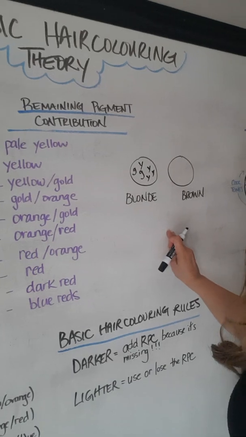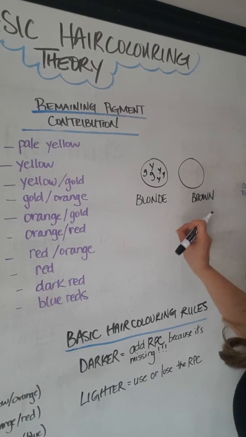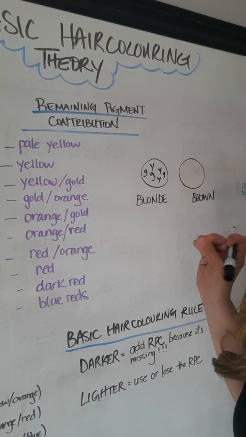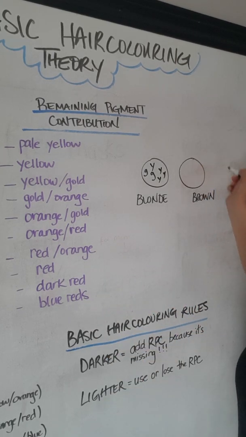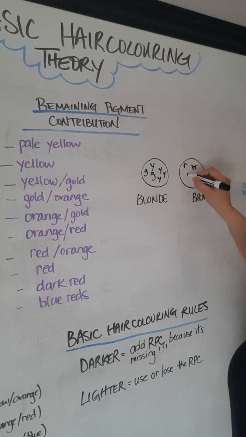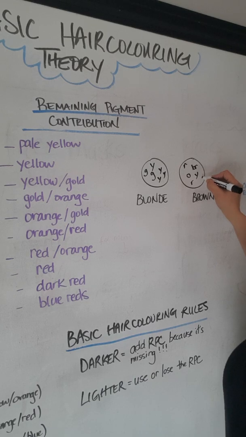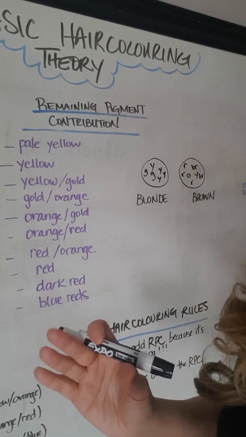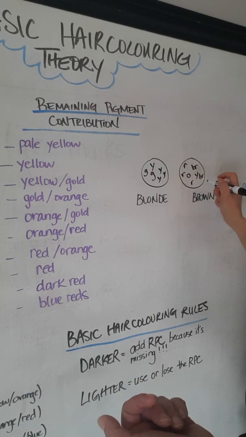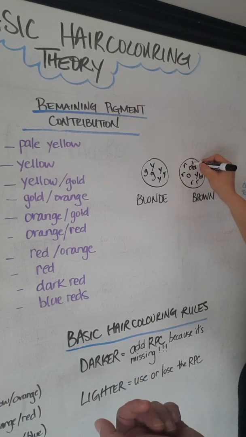If I'm a brunette, which I am, I will contain the colors in my cortex that make brown. So what makes brown? Well, a lot of reds, blue reds, oranges, yellow. Red and yellow make the orange, okay? So if I opened my cortex, I would see all of these color molecules.